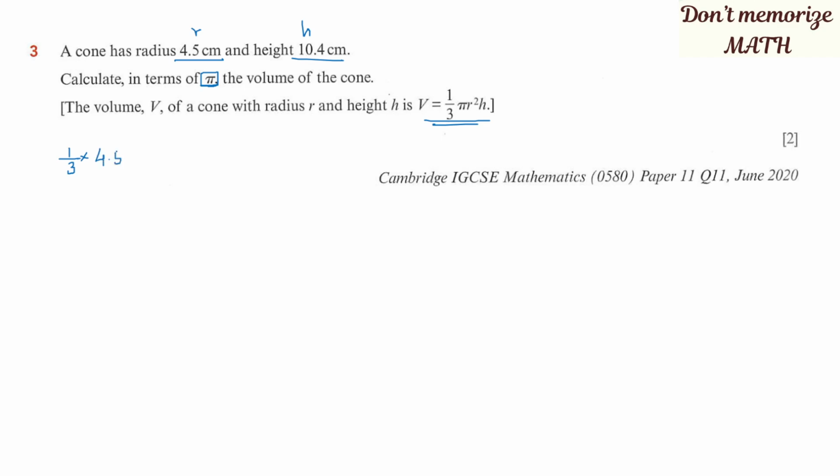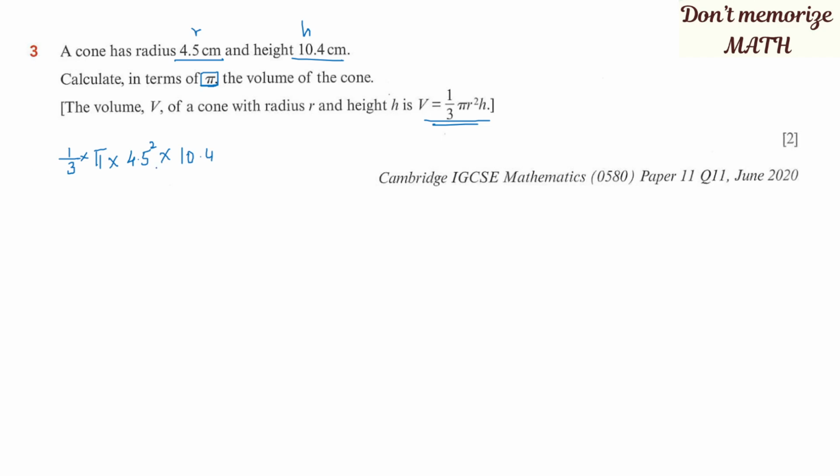So 1 over 3 times pi times r squared. R is 4.5, so 4.5 squared times height is 10.4. So you can write that in terms of pi.